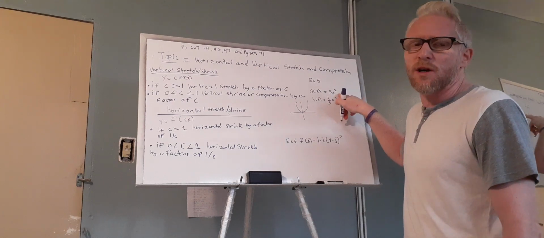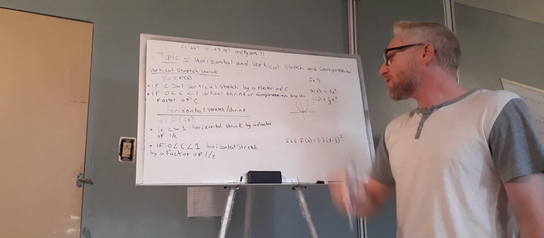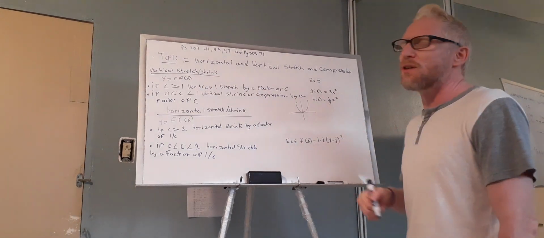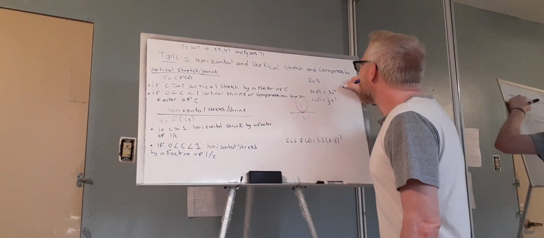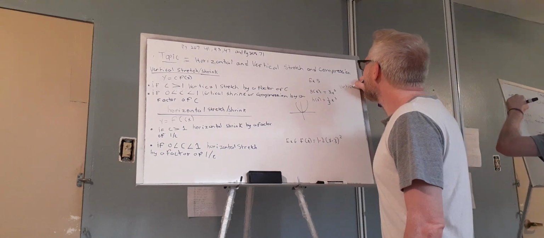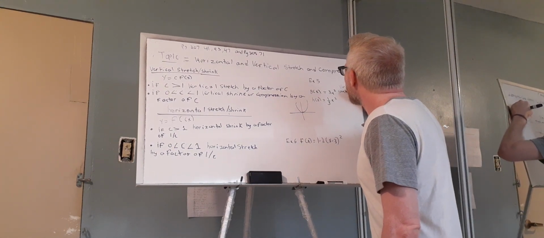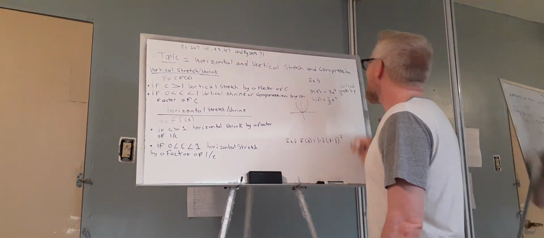I know that the x squared represents a quadratic function, and 3 is a constant. Is 3 greater than 1? It is. So what we have here is a vertical stretch by a factor of 3. So we're going to say vertical stretch by 3, but you know that means by a factor of 3.